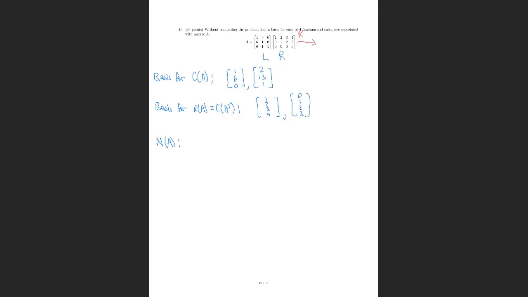So I'll do row 1 minus 2 of row 2 to get it into reduced row echelon form. Yeah. So if I do that, it will be 3 minus 4, which is negative 1. And then the last one is 4 minus 6, so negative 2.